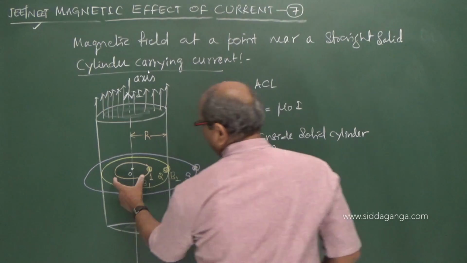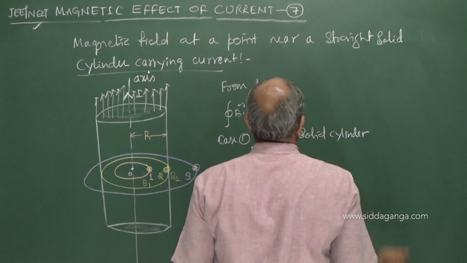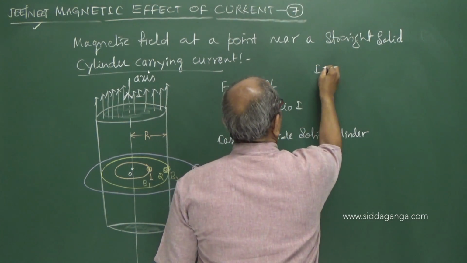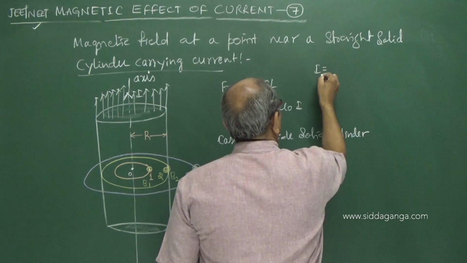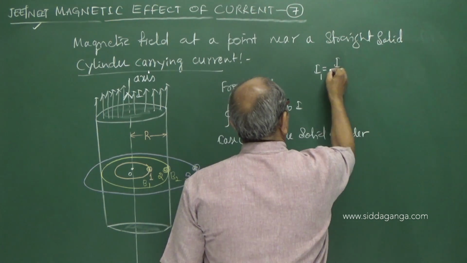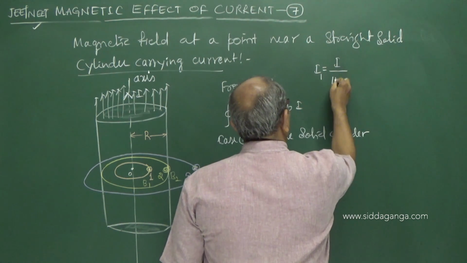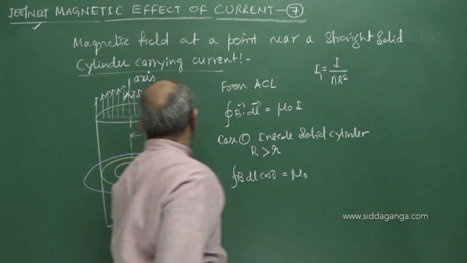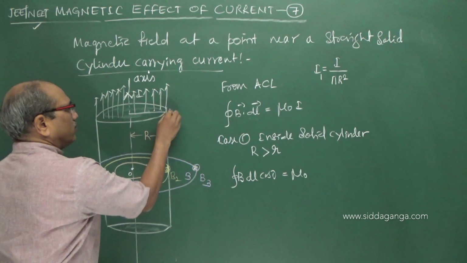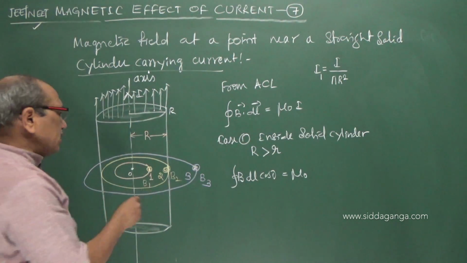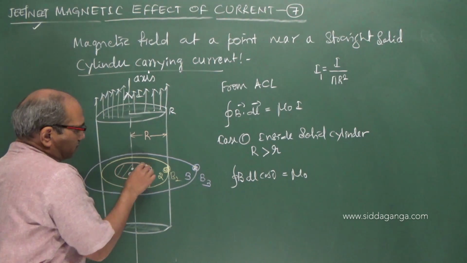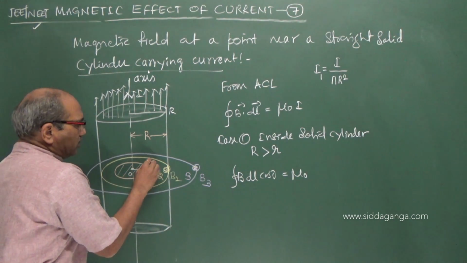I have to consider only the current within this circle. To find it, I can say I1 is the main current divided by area pi R square, per unit area, and only account for the area whose radius I have considered as small r.